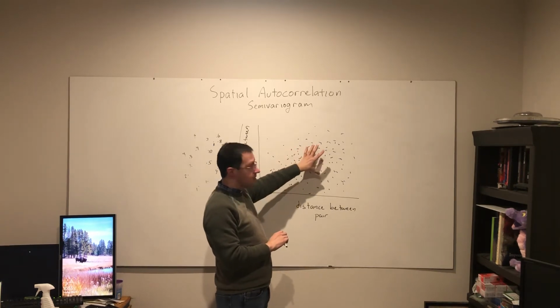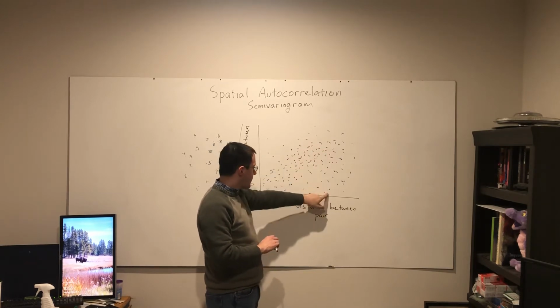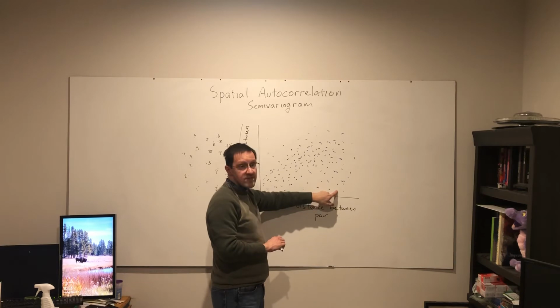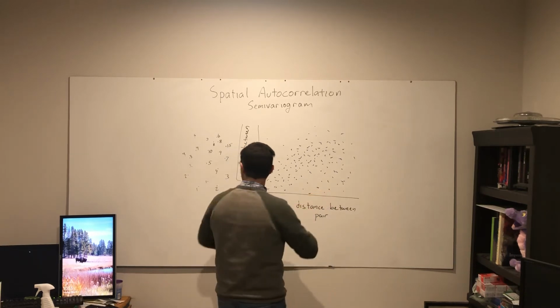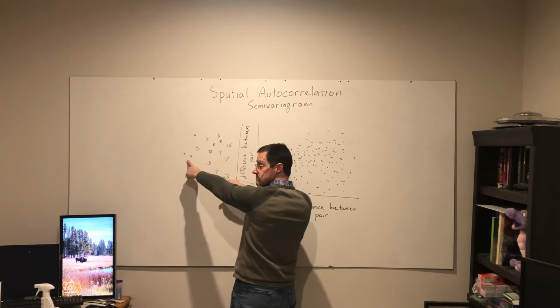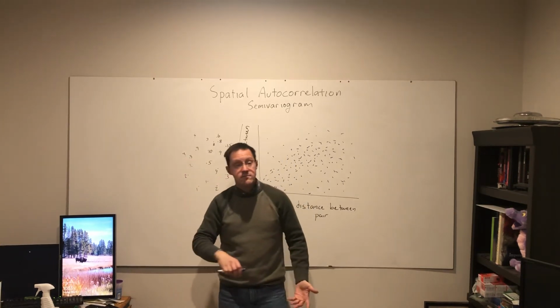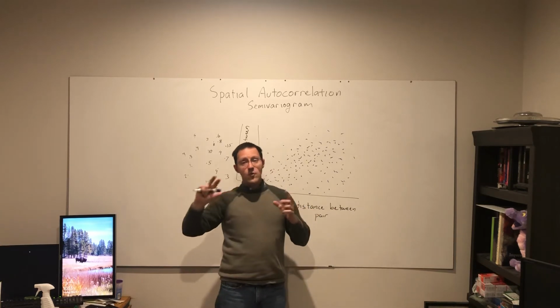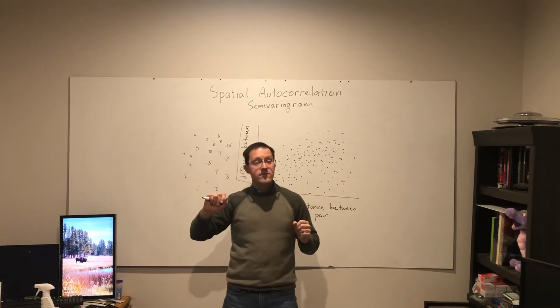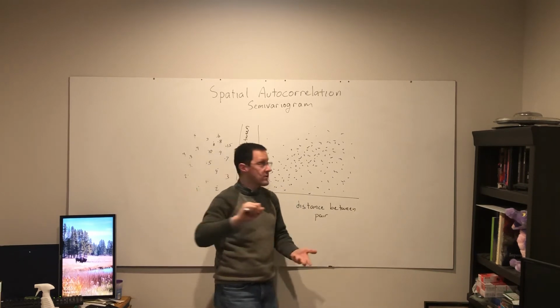As I get larger and larger distances, sometimes low differences can still happen. I've got a 3 over here and a couple of 3s over here. They're far apart from each other to have the same value. But when I'm looking at that distance, there could be values that are similar, but there could be values that are wildly different.